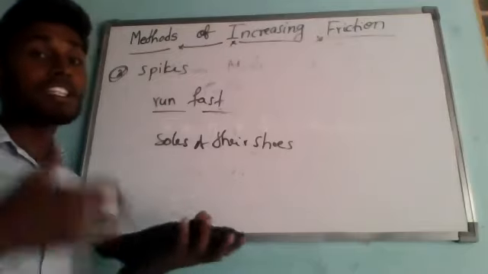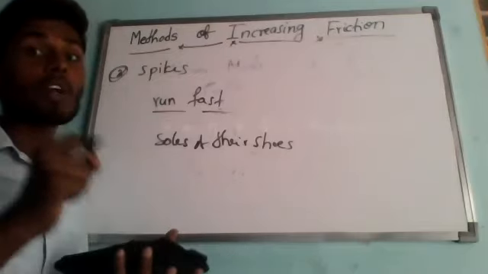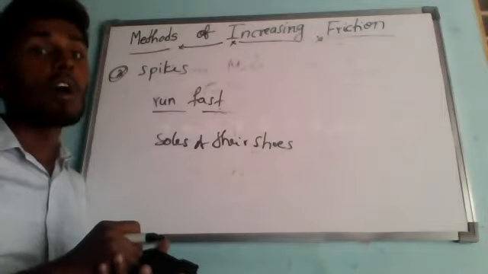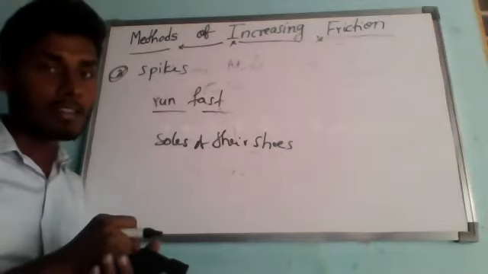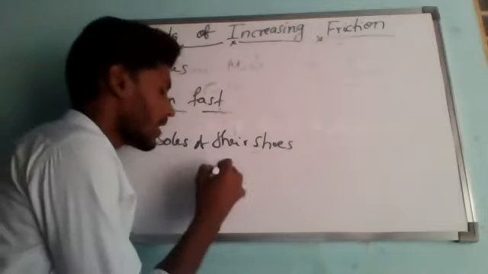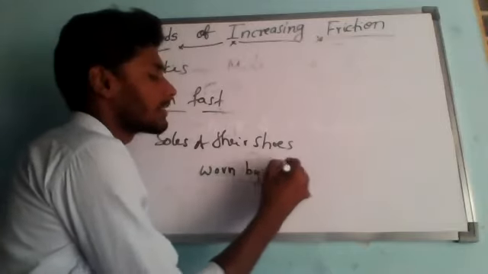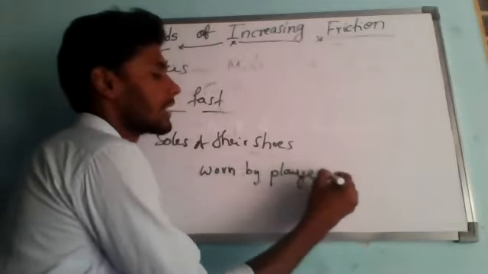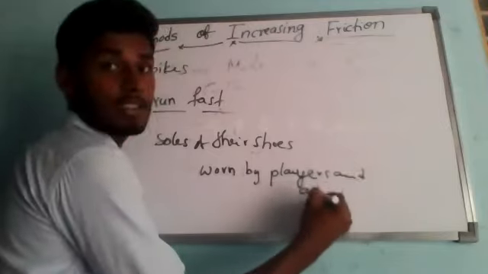So to increase friction, spikes are provided in the soles of shoes worn by players and athletes.